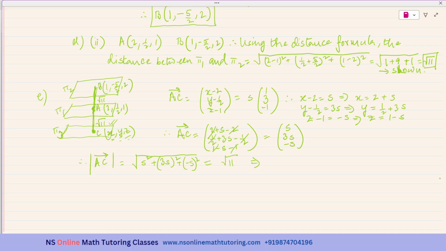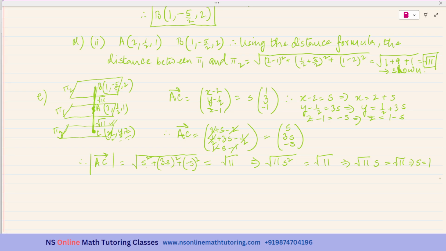And the distance between these two planes is given as root 11. So I have formed this equation. So S square plus 3S whole square is 9S square plus S square. So 9 plus 1 is 11. So it is 11S square equal to root 11. So this is root 11S equal to root 11, implies S equal to 1.